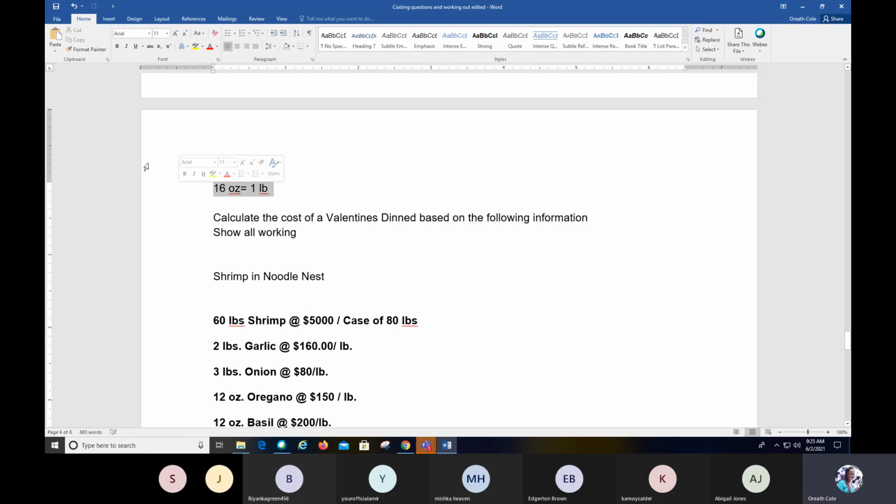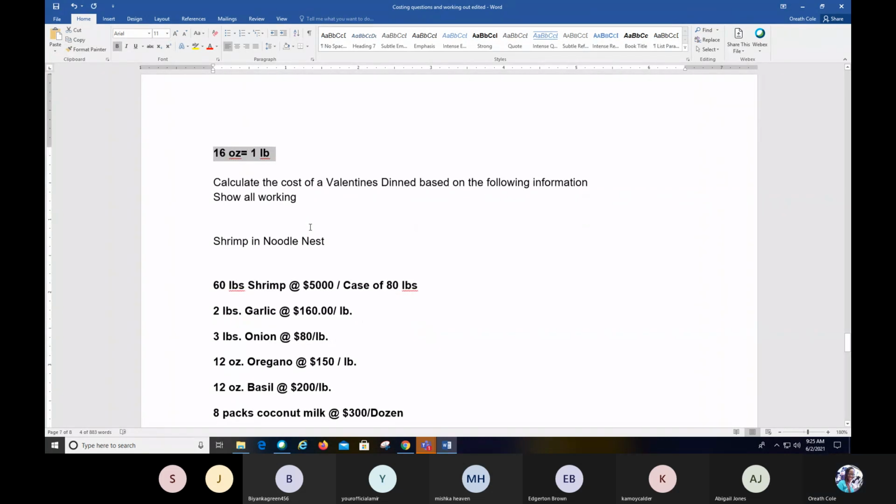So remember this, 16 ounces equal 1 pound. So what it is saying here is 12 ounces of oregano at $150 per pound. How can we find out how much for 12 ounces of oregano?